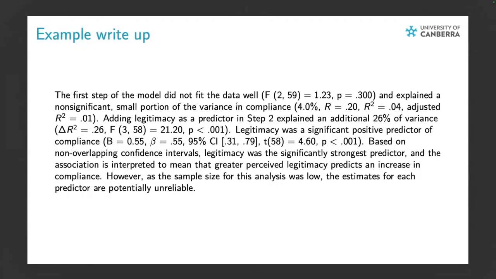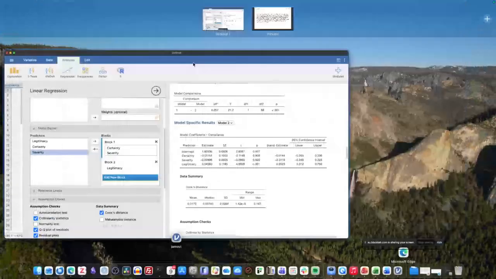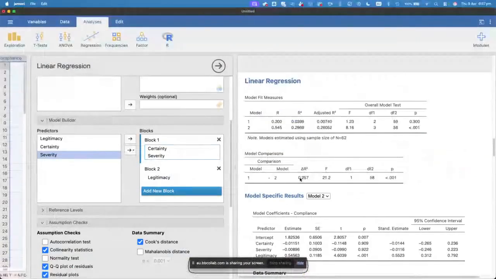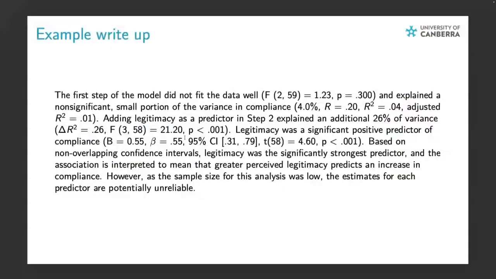The first step of the model did not fit the data well, as we explained in the previous example, and explained a non-significant small portion of the variance in compliance, which is 4%. Adding legitimacy as a predictor in step 2 explained an additional 26% of the variance, which is what we saw with our delta R squared. 26% of the variance was accounted for, and that's what I've reported here.